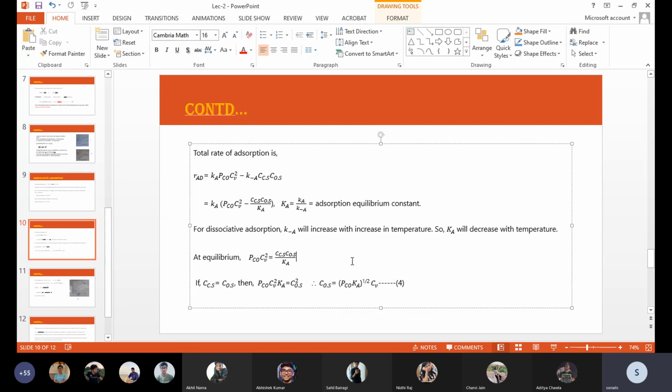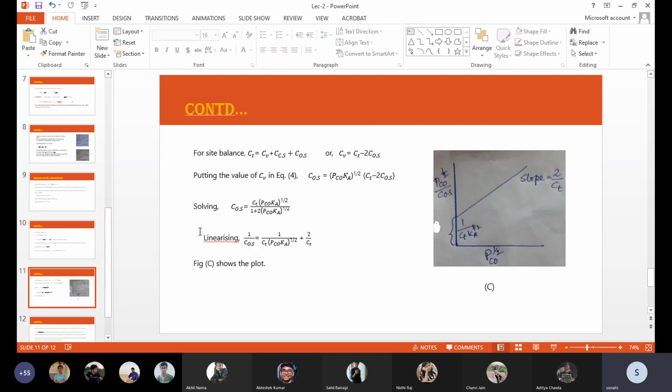If we consider the same number of carbon as oxygen adsorbed on the active sites, then PCO Cv square into Ka becomes COS square. CCS into COS we have simplified to COS square. COS is giving us PCO Ka to the power half into Cv.